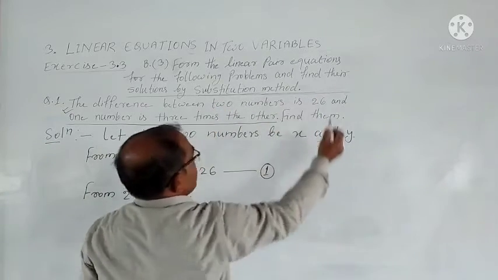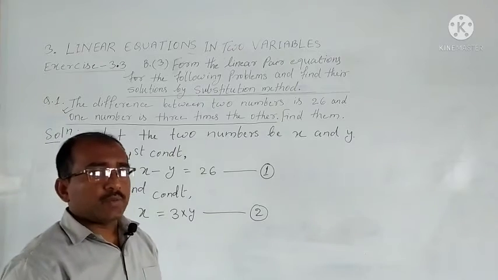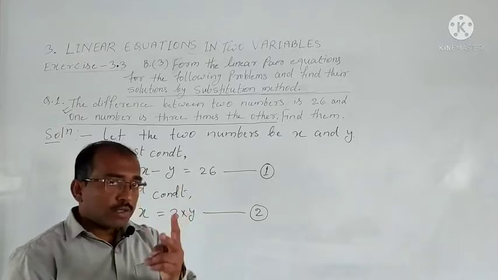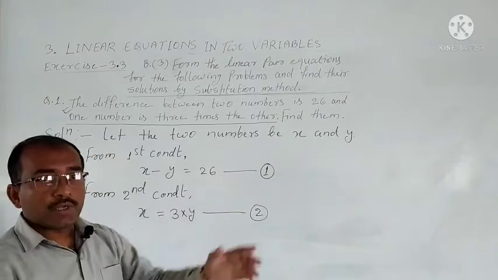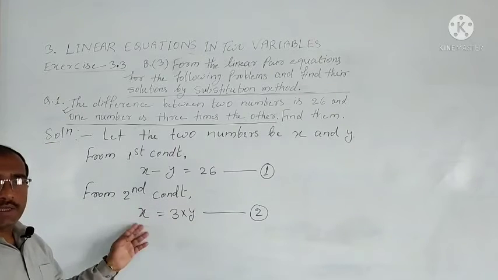So let us remind now substitution method what we do. As the name says, substitution method, that means we have to get a substitute. There are only two variables x and y, so we get substitute of any, and in this question this is the substitute itself, x is equal to 3y.